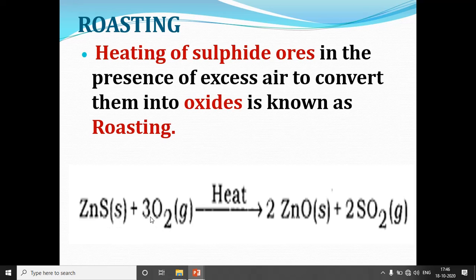When it is heated in the presence of excess air, or excess oxygen, it can be converted into zinc oxide, ZnO, plus sulfur dioxide. Understood, children? So what is meant by roasting? Heating of sulfide ores in the presence of excess air to convert them into oxides is known as roasting.